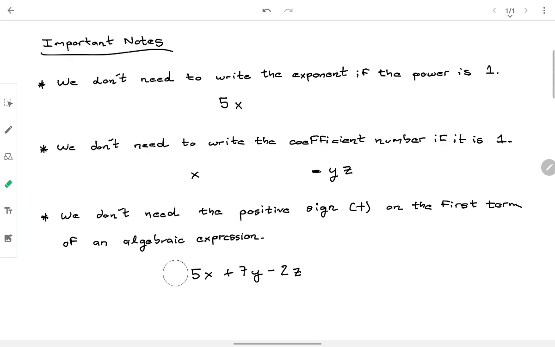If we don't see a sign here, that means it's a positive one. So we don't need the positive sign on the first term of an algebraic expression. These three little notes will also help you, so please keep them in mind for the next classes.